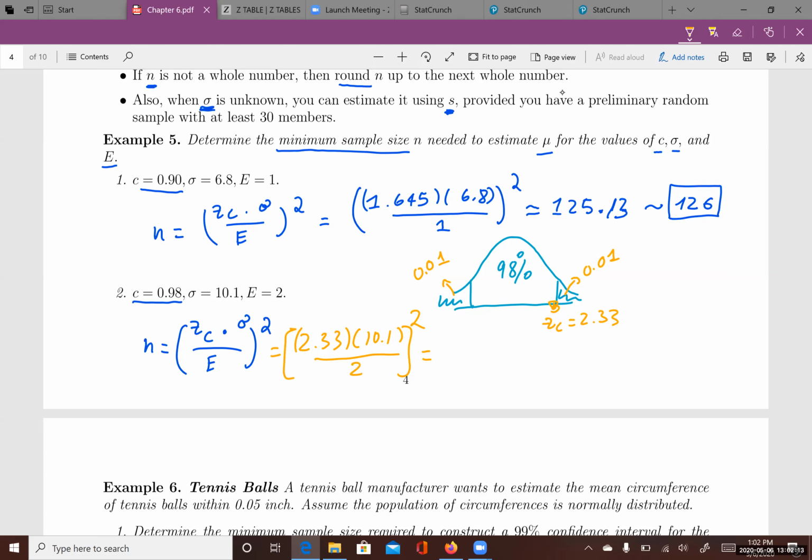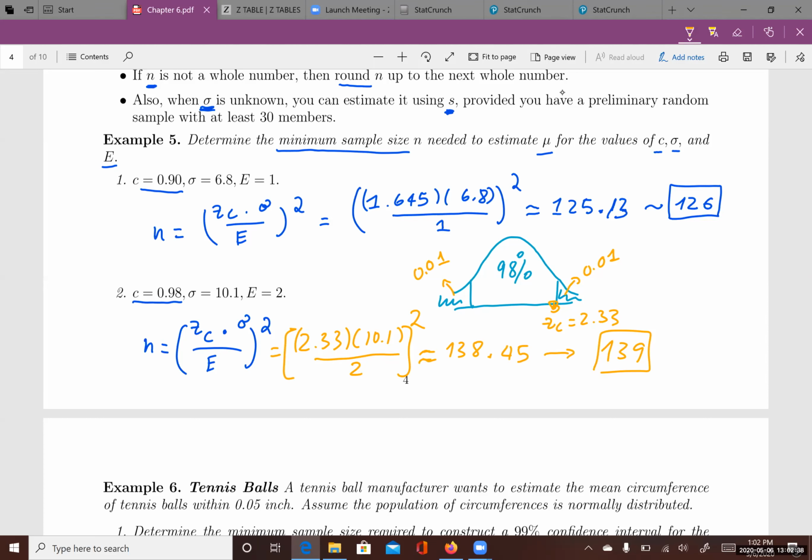It's going to be 138.45. Again, it's not a whole number, so you have to round it up to the next whole number. So the answer for this question is the minimum sample size n has to be 139.